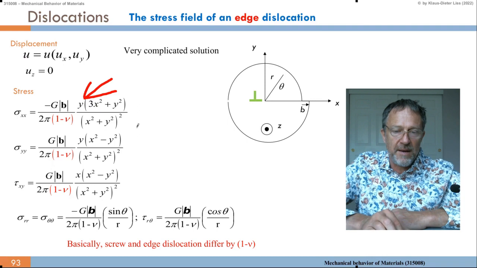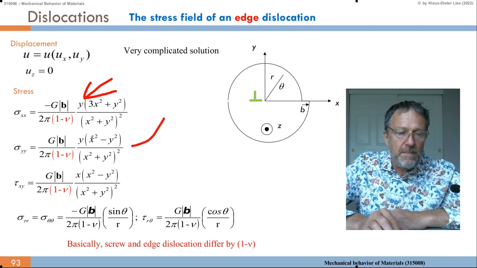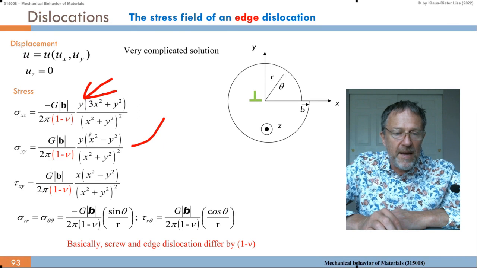They have the mathematical derivation of those formulas. For sigma yy we get y times (x squared minus y squared) divided by the radius squared. Here we have a 3x squared plus y squared divided by the radius squared.